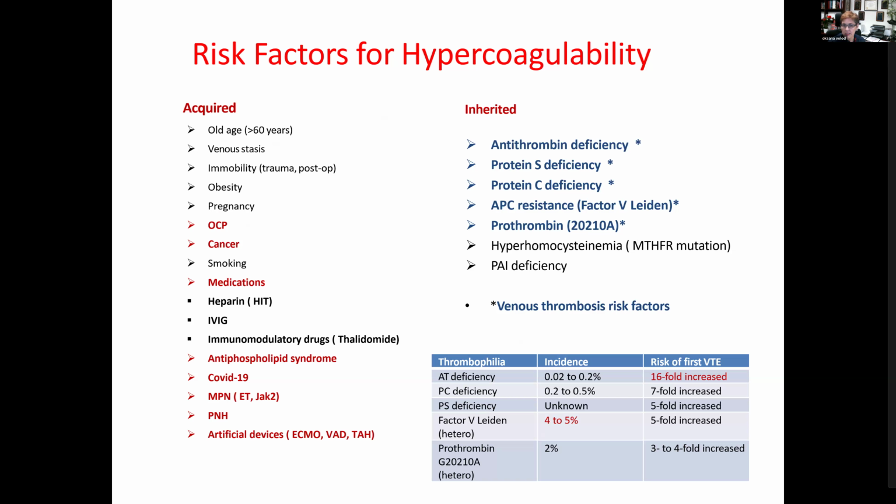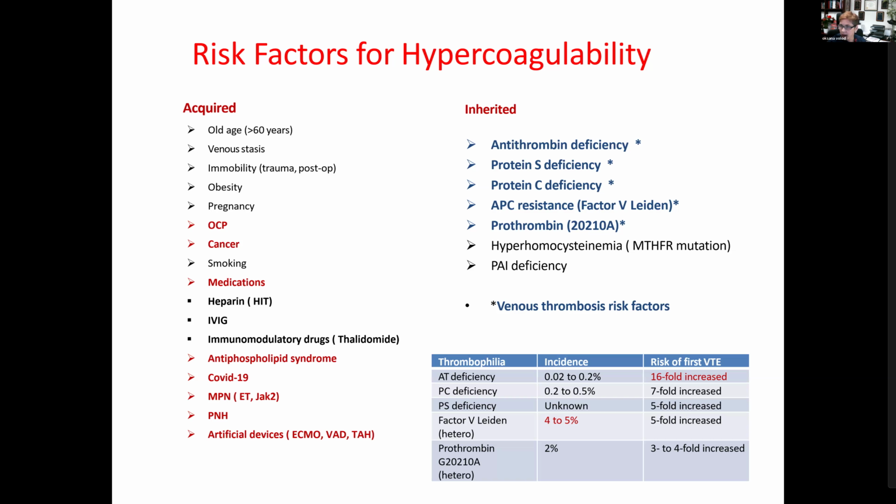Even patients with factor 5 Leiden can live the whole life having no issues, and then at an old age, obesity or another underlying condition leads to DVT or PE, and then we do a hypercoagulable state workup, and we detect that the patient, for example, has a factor V Leiden mutation. However, the acquired risk factors are much more common, such as cancer, oral contraceptive pills.